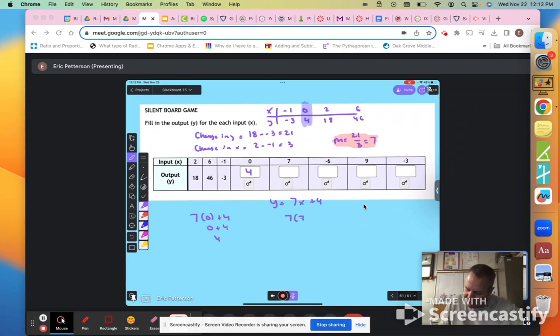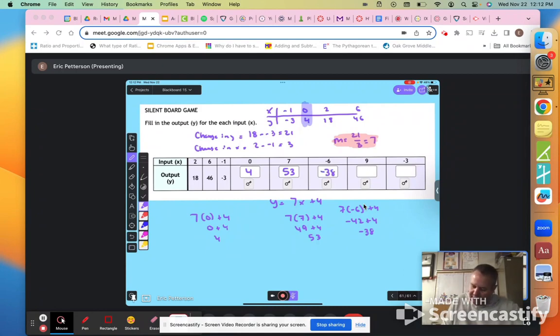I'm going to put 7 in for the input: 7 times 7 is 49 plus 4. So I get 53. I'll keep on doing it. 7 times -6, because my new input is going to be -6. 7 times -6 plus 4, that's going to be -42 plus 4, which is -38.